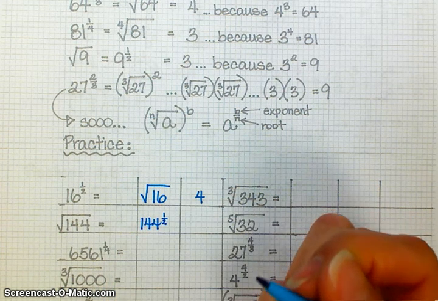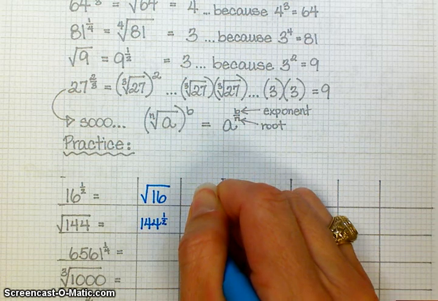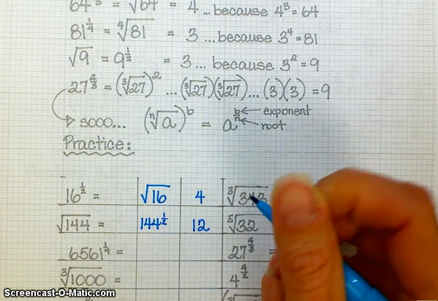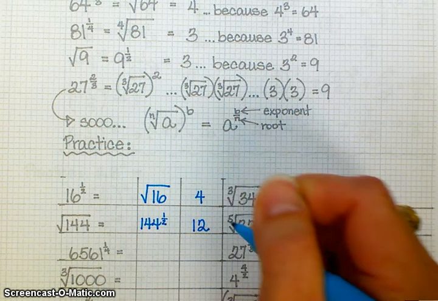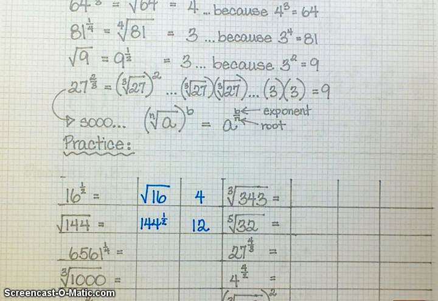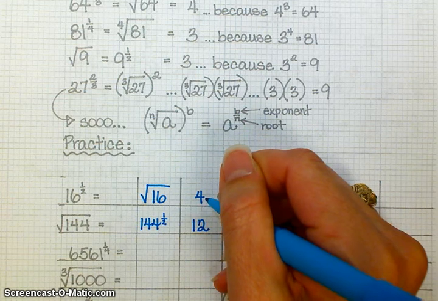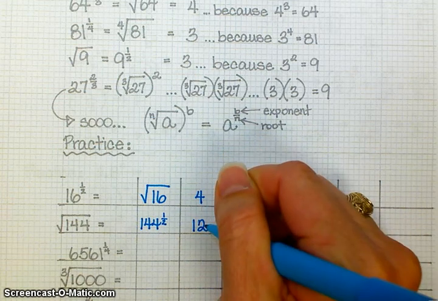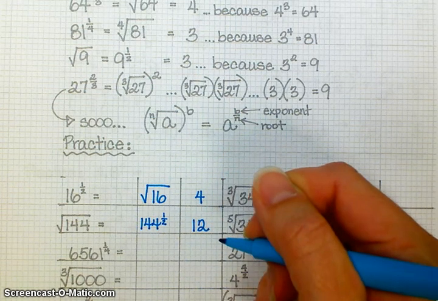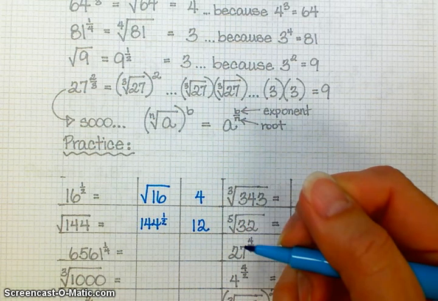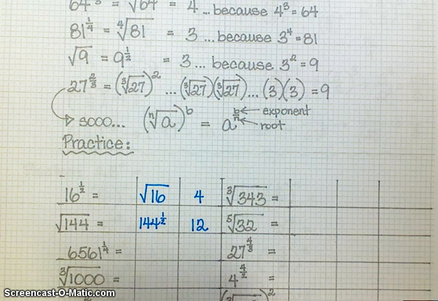What is the square root of 144? It's 12. And by the way, technically it could be negative 12. Technically it could be negative 4 up here, because negative 4 times negative 4 is also 16. Negative 12 times negative 12 is also 144. That only works on your even exponents.